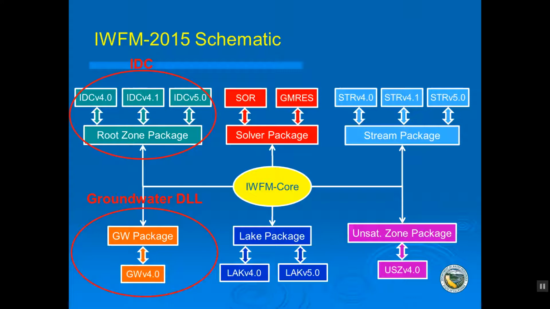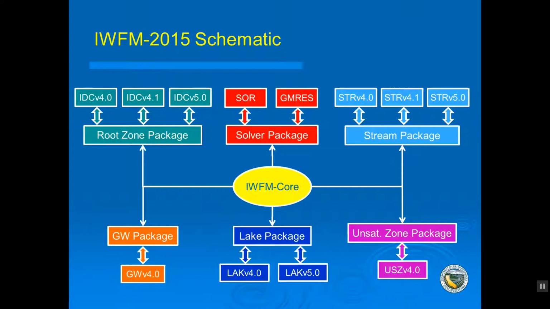Basically, this root zone component is now called IDC, IWFM Demand Calculator, about which 3 weeks ago we had a 2-day workshop. And then this part is now compiled into what we call the groundwater dynamic link library. It is dynamically linked to CalLite. The surface water and groundwater interact as an optimization model is running in CalLite. So that's one benefit of this modular programming.